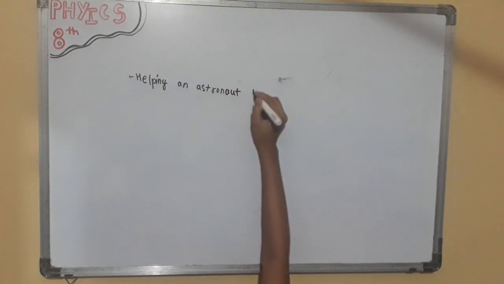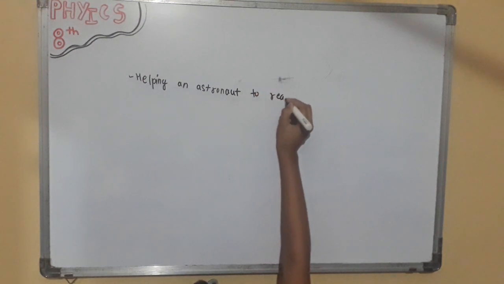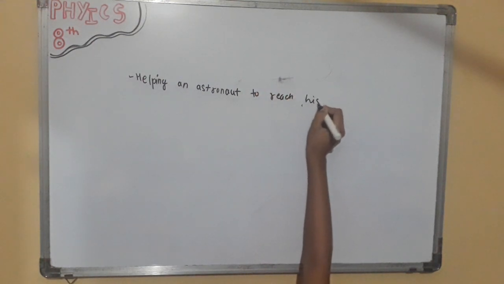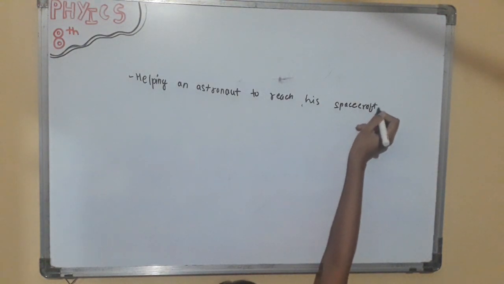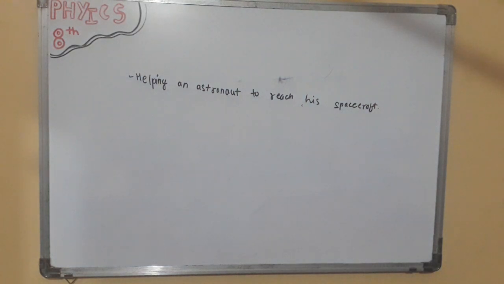An astronaut drifts away from his spacecraft and his connecting cord gets disconnected. He is floating alone in space with nobody to help. In this situation, what does he do to reach the spacecraft?